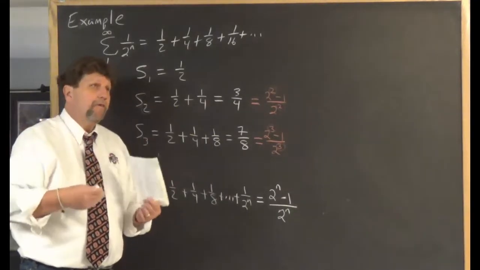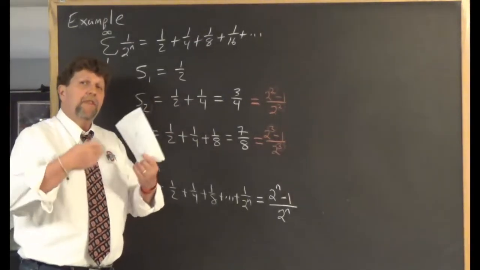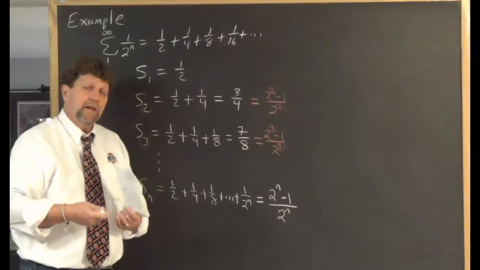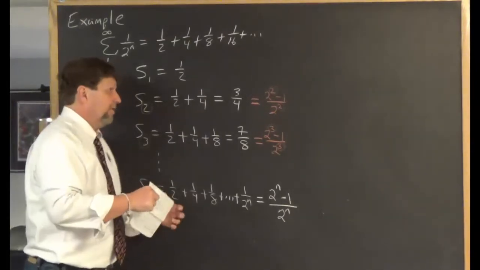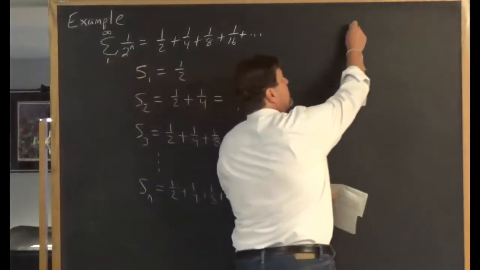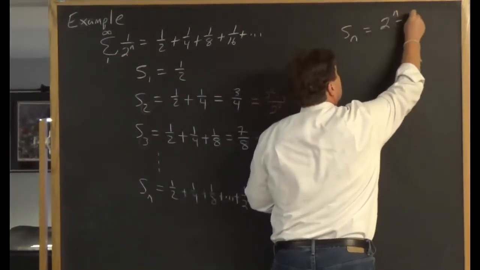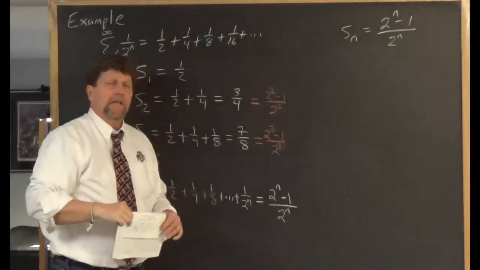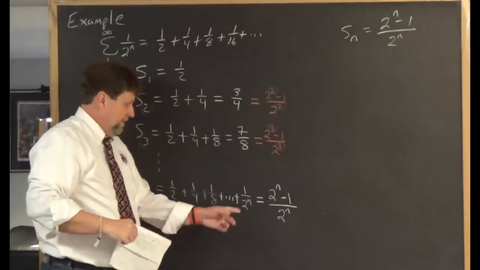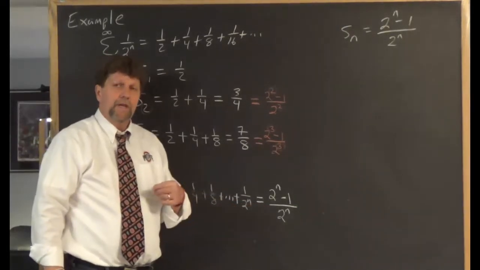So now how do we know if this series converges? Well, if the sequence of partial sums converges, then the series converges. So we have the sequence of partial sums given by S sub n equals 2 to the n minus 1 over 2 to the n.